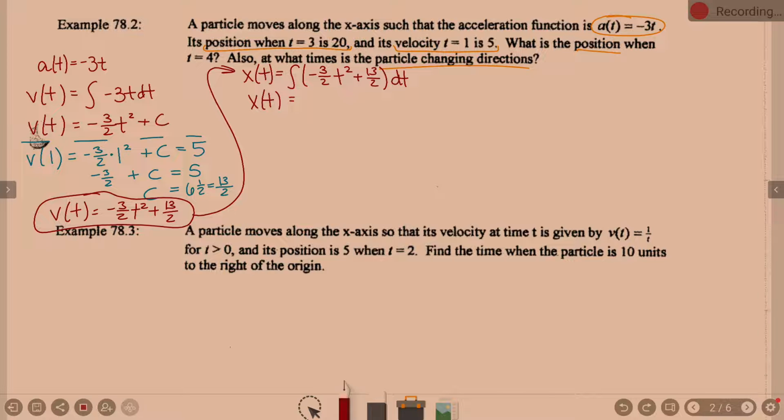Integral of negative 3/2 t squared: add 1 to the power, it becomes 3. Divide by 3. Negative 1/2 t to the third. Integral of 13/2 is 13/2 t plus c.